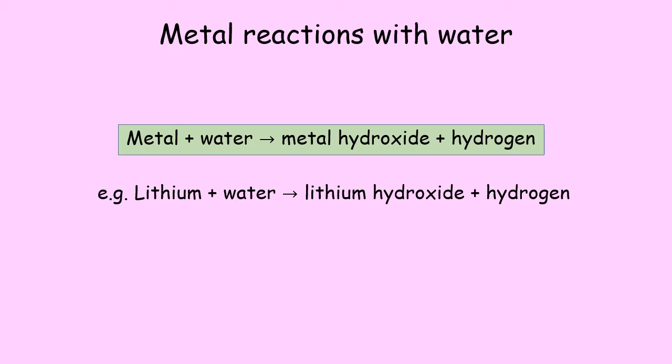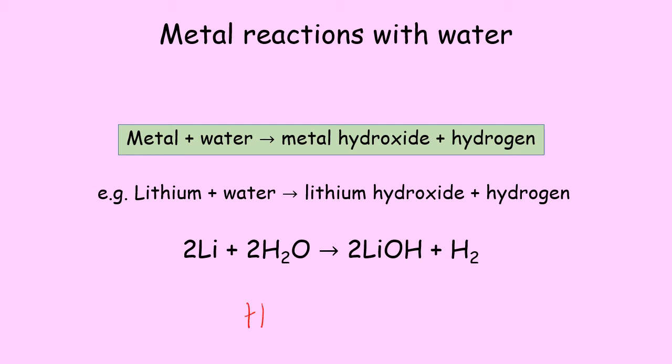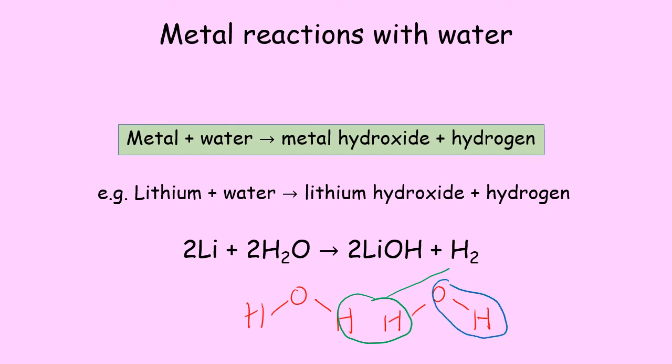So for example, lithium plus water goes to lithium hydroxide plus hydrogen. So what happens is if you've got a water molecule like this, and the other one like this, those two hydrogens go here, and what you get left with are two hydroxides, which go here, and then the lithium's doing that.